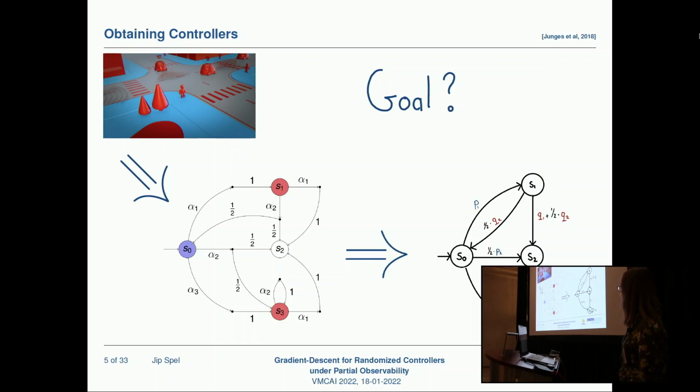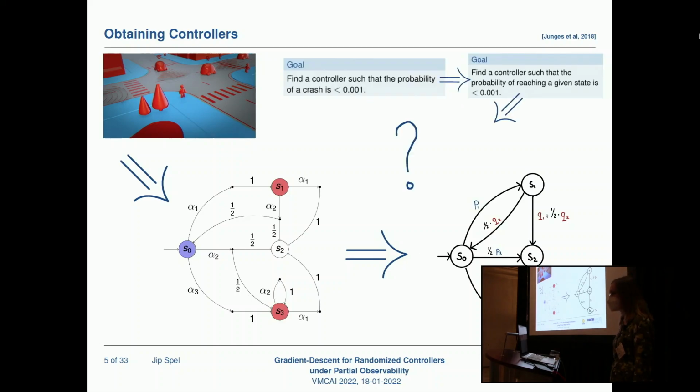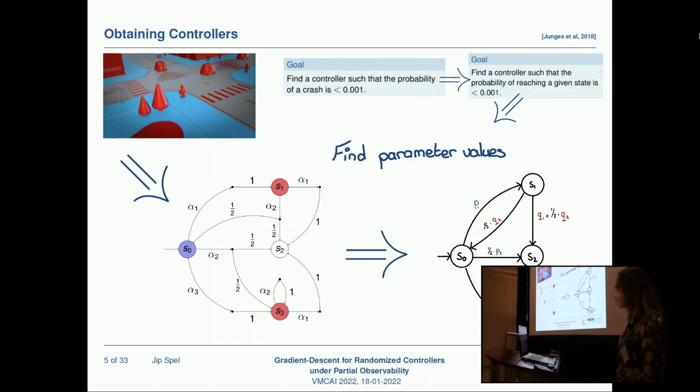So we transformed our model into a parametric Markov chain, and our goal also changes. We wanted to find a controller such that the probability of a crash is really small. We changed it into reaching some given state. Now we need to find the goal for this parametric Markov chain, and the goal here is to find parameter values.